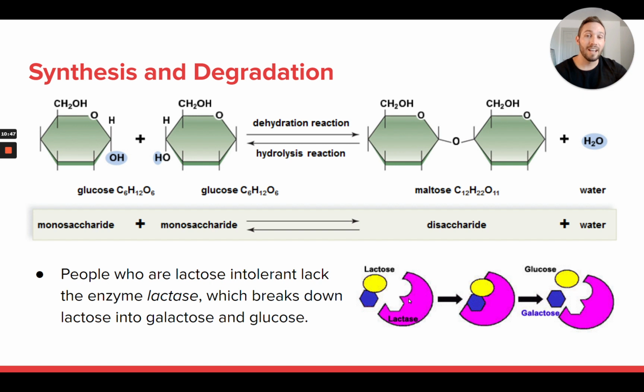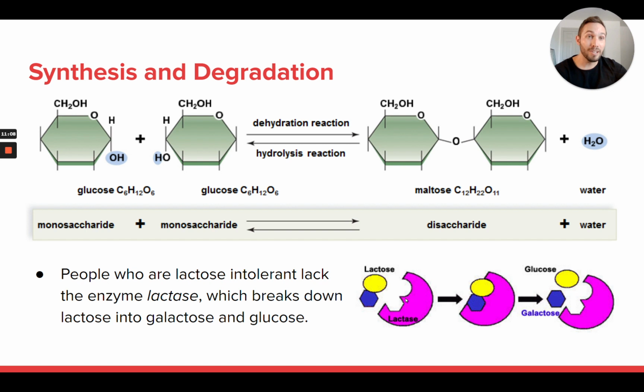What's also interesting is that everyone at one point was not lactose intolerant. Very early on when you were a baby, everyone was making this enzyme, because you relied mainly on milk, and in that milk there was a lot of lactose sugar, and this enzyme was used to break down that sugar.